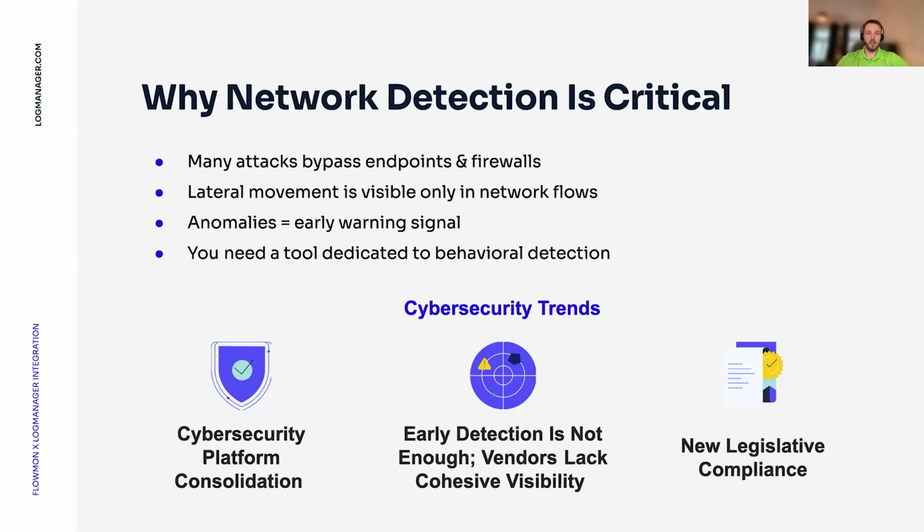Because Flowmon has that visibility into the network traffic, we can then apply our own security engine that is capable of spotting those early indicators of compromise, those anomalies, and provide you early warning signals for threat detection and quick response. So you have one tool that provides early threat detection and threat hunting capabilities, gives you a full picture of the attack, and covers the full scope from discovery, dictionary attacks, credential access, lateral movement, exfiltration, and encryption, all the way to the impact stage.